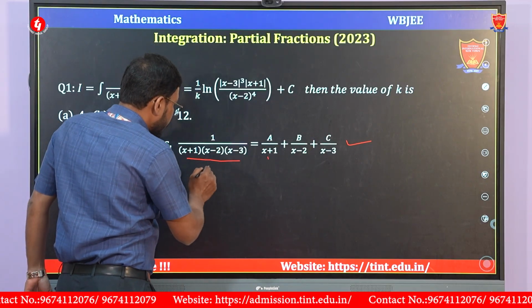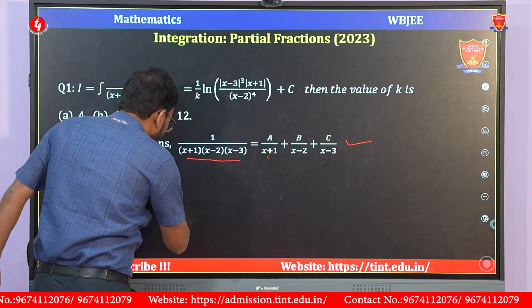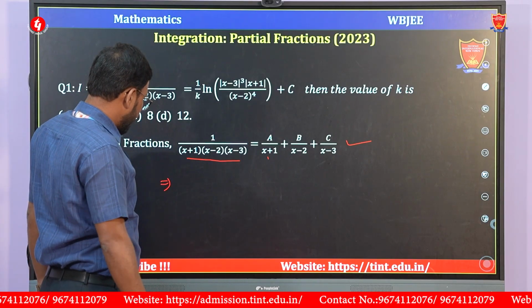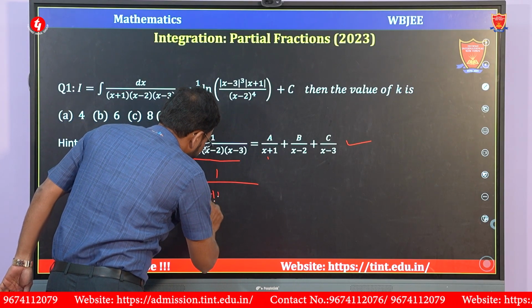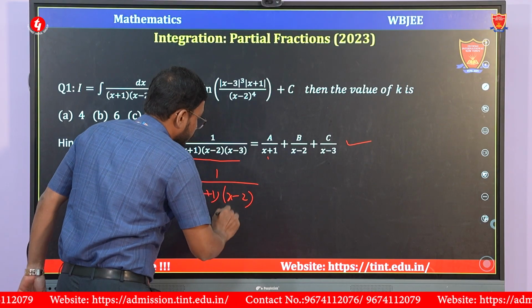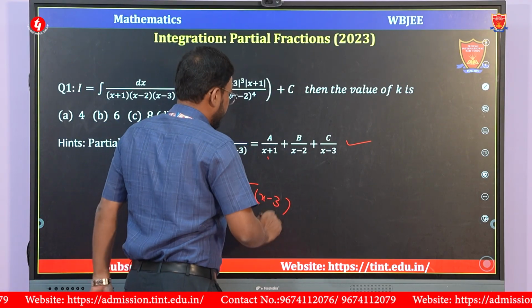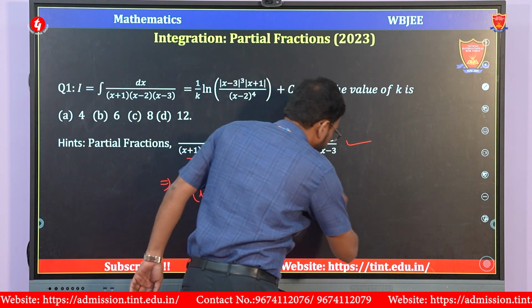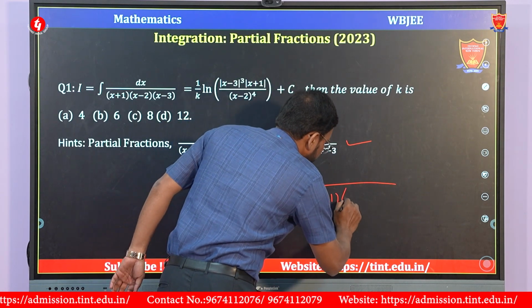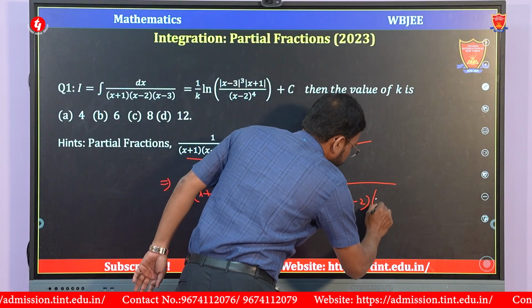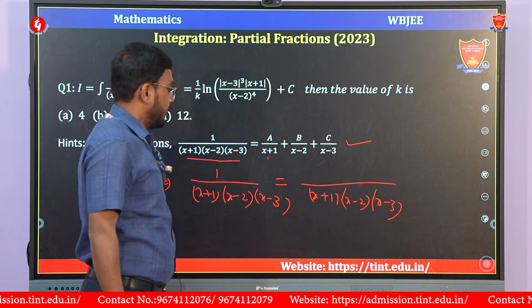Okay. Now, if we simplify this, 1 by x plus 1 into x minus 2 into x minus 3, this is x plus 1 into x minus 2 into x minus 3.